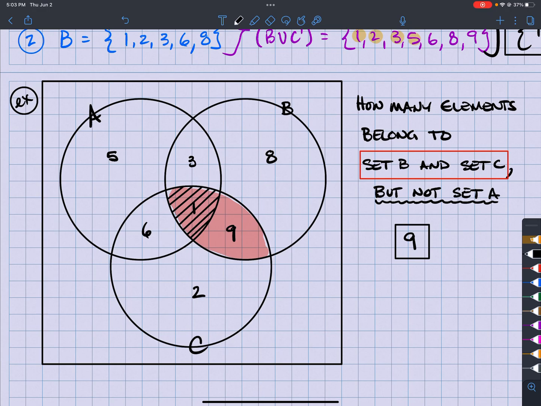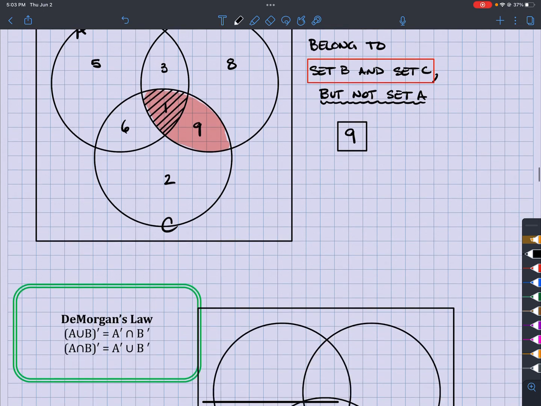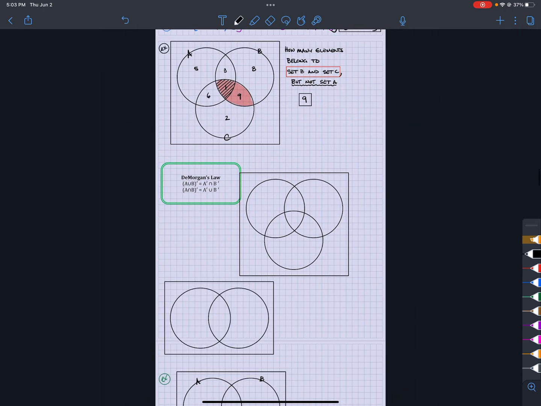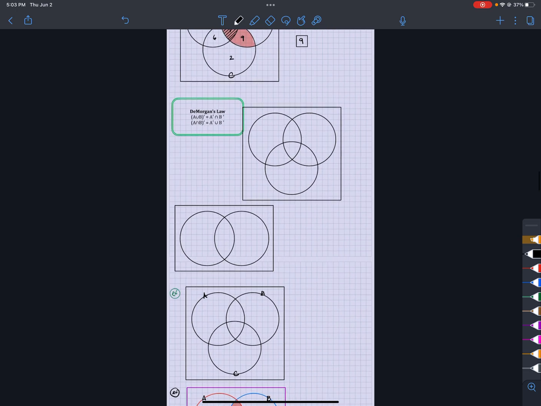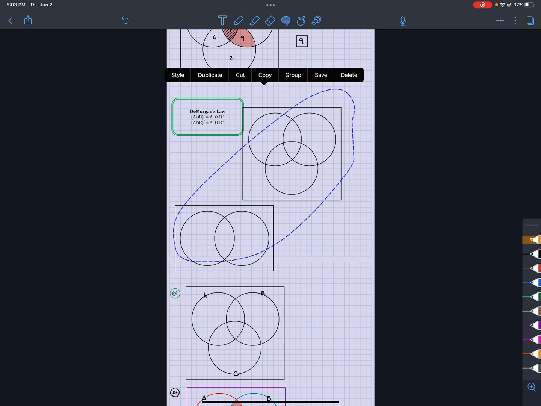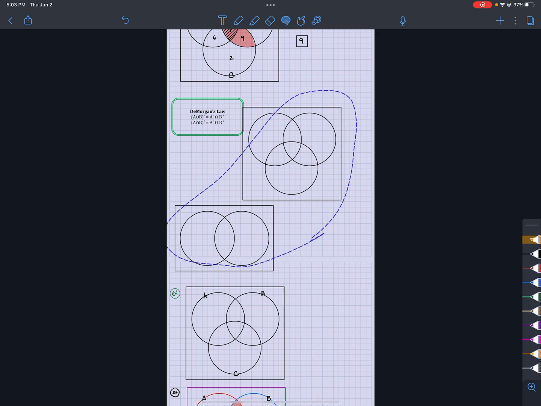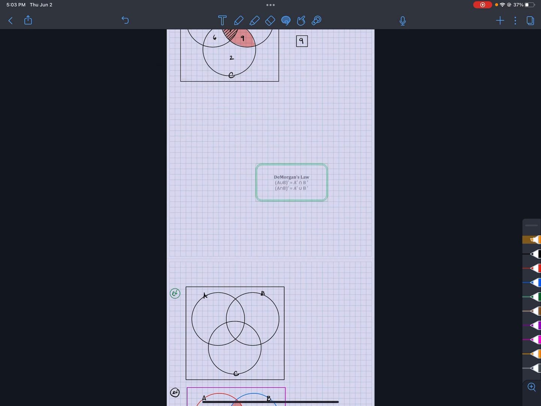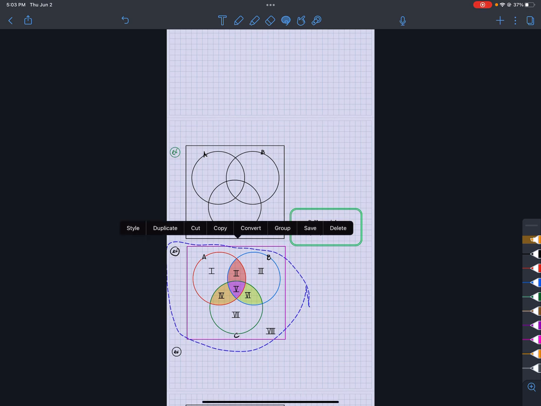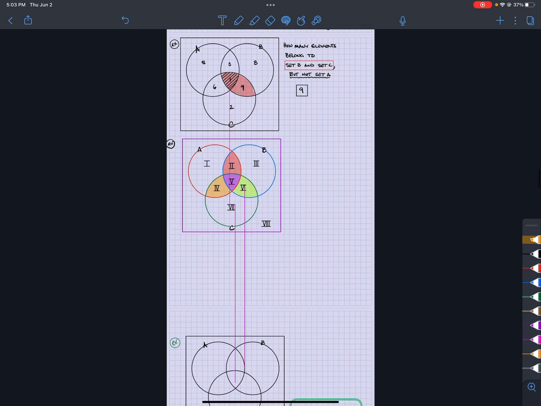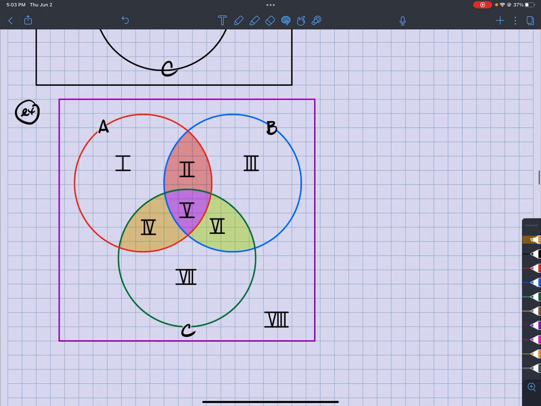All right, next one. What I'm going to need is some movement here. Let's do another example here.